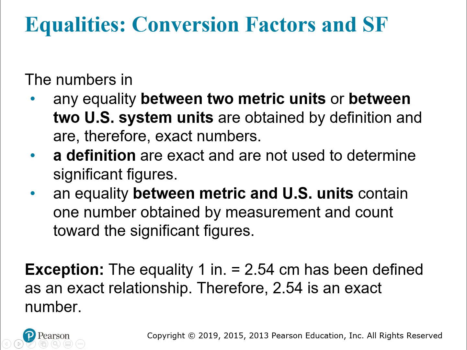The numbers in any equality between 2 metric units or between 2 US system units are definitions, okay? So that's an exact number. If you've got 2 numbers in an equality that are within the same system, metric, US, they are exact numbers, which means that it's not included when counting sig figs.